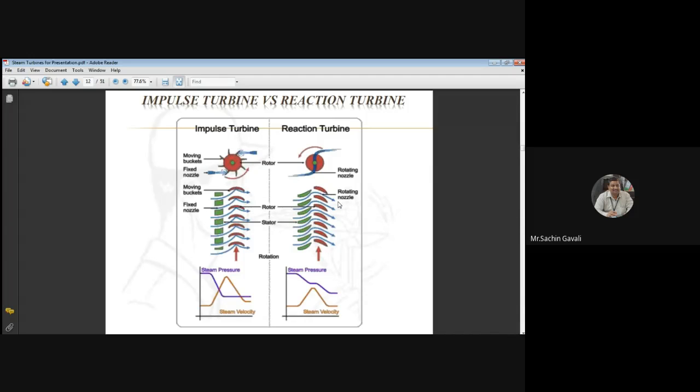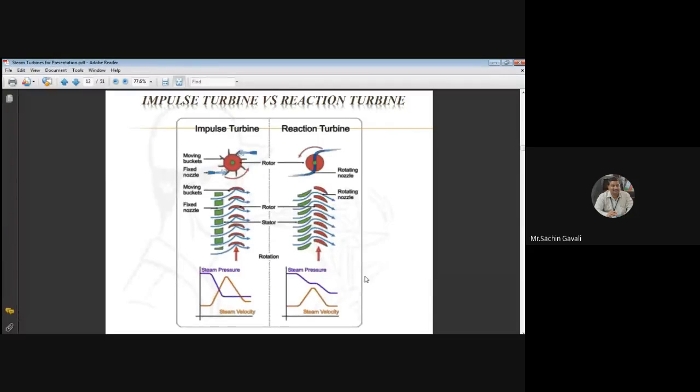Therefore, pressure goes on decreasing. Expansion of the steam takes place continuously, and as expansion takes place, velocity increases in the fixed blades. But when the steam flows through the moving blades, its velocity goes on decreasing.